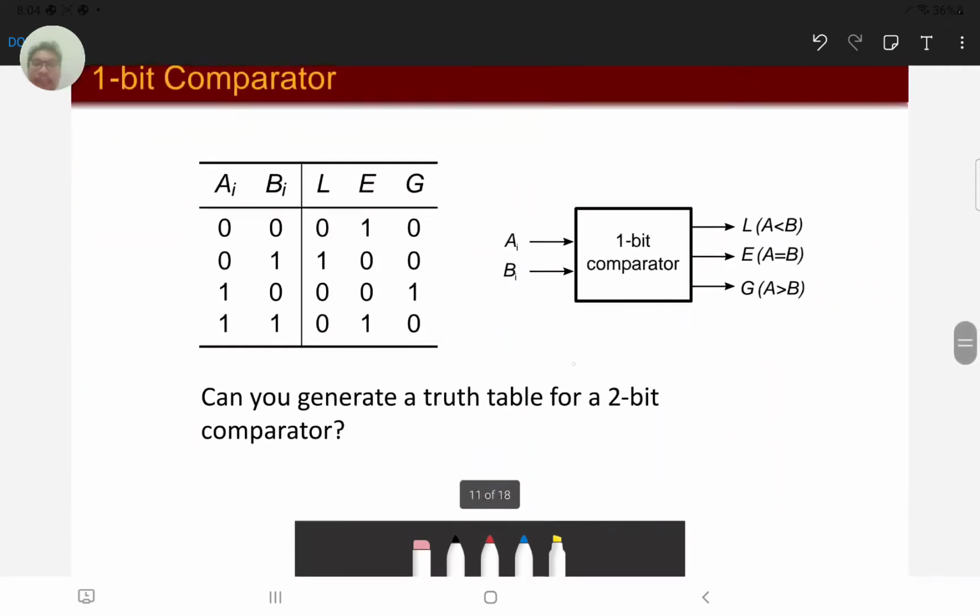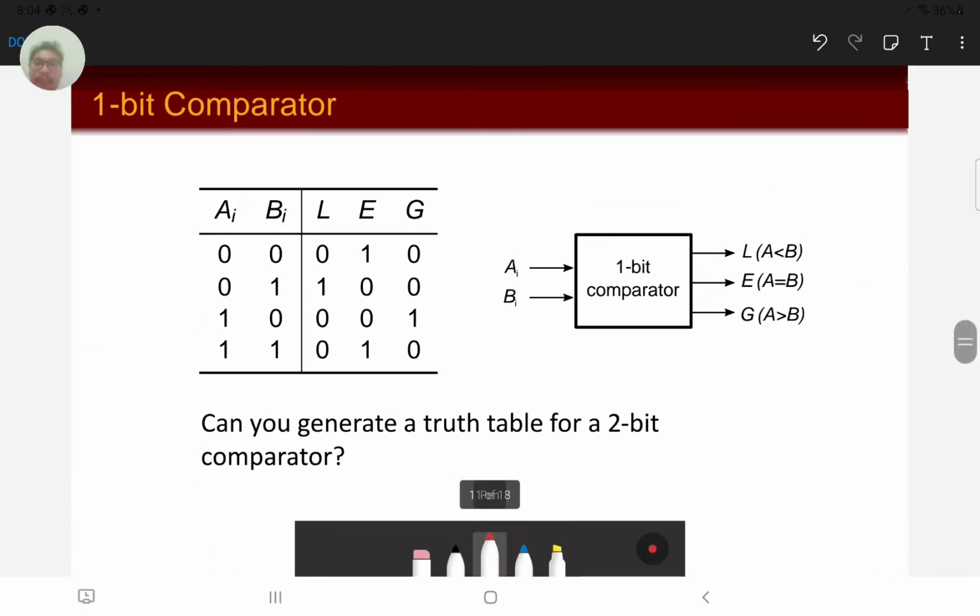Let's have a look at the example here for the simplest 1-bit comparator. So for a 1-bit comparator, we're going to see AI and BI, are they less than, greater than, or equal? Obviously they are equal, therefore we have a 1 there. It is not less than, it is not greater than, therefore they are 0. With 0 and 1, we can see that A is less than B. Therefore L equals 1.